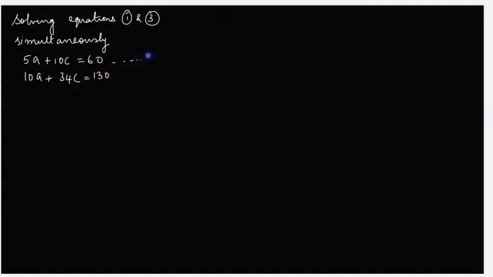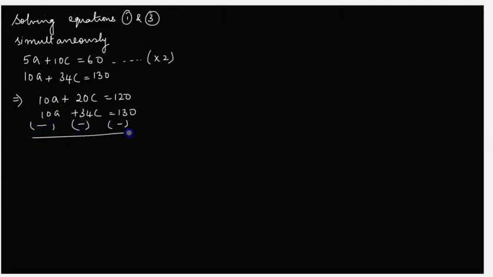So I will multiply the first equation by 2. So I will get 10a plus 20c is equal to 120, and the other equation will remain as it is, 10a plus 34c is equal to 130. Now subtract both the equations, so the signs will change. A will get cancelled.